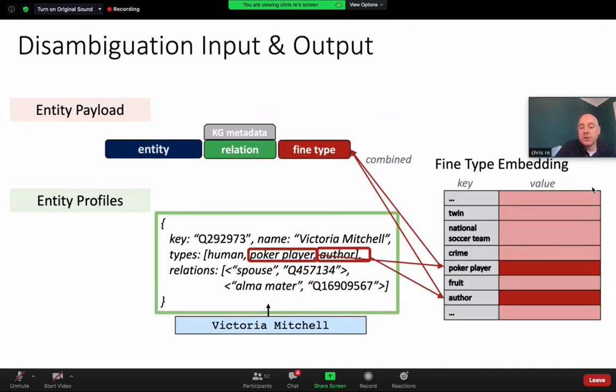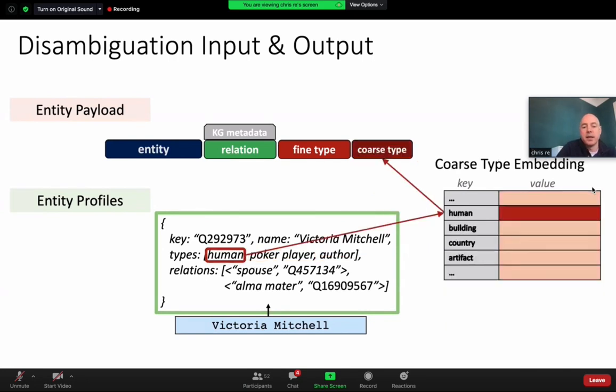Every fine type will also be embedded, so every poker player will get access to the same vector in case there's some set of entities that are disambiguating frequently with poker players, like the World Series of Poker or something. Other phrases that may be around them, or hold them, for example. Maybe that would be remembered in a phrase like this. Same thing with author. And then the coarse types, like humans, buildings, people, places, things. We would remember those.